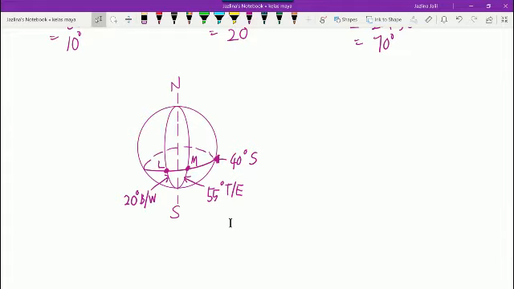We have L and M, towns which have these values: 20 degree west, 55 degree east, 40 degree south.